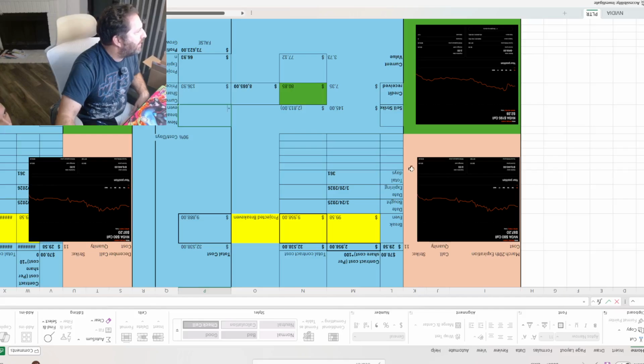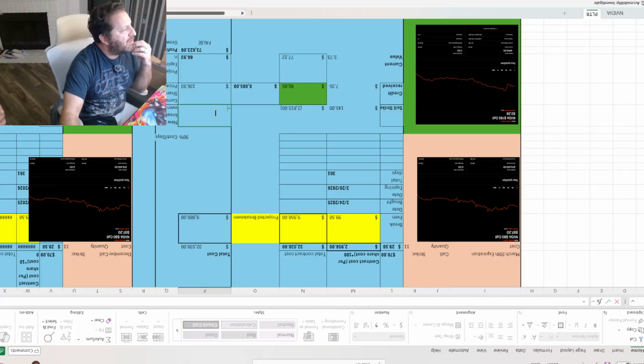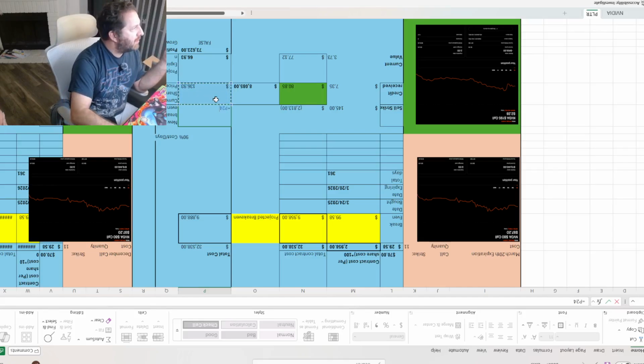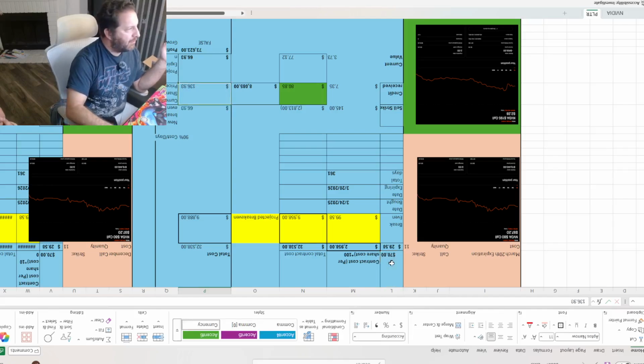Let's fold this. Okay, so new break even is going to be current share price minus strike price. Now that should be times 11.